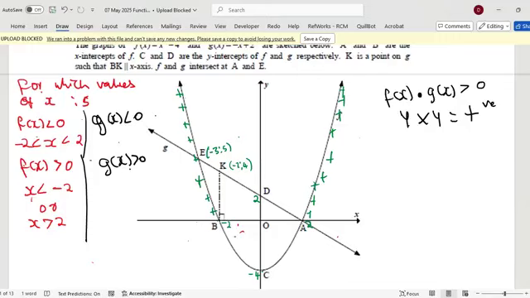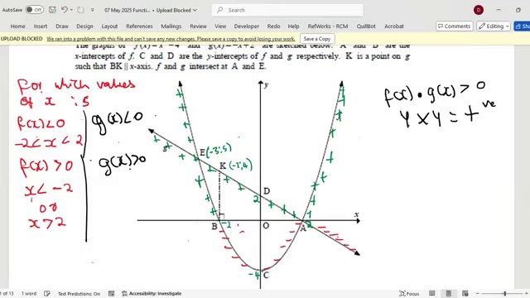Negative, negative, negative, in this quadrant, this graph is negative. Then we'll do the other one for positive on the other quadrant, because in this quadrant, y is positive. I'm representing y, guys, not just any number.